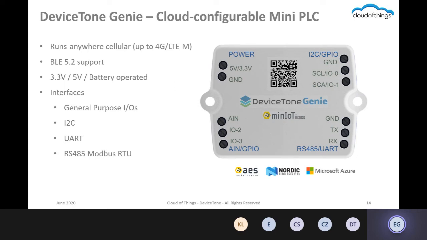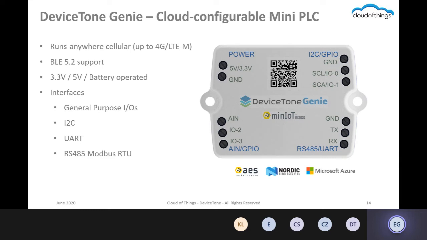So the types of interfaces we have are GPIOs, just IOs, I2C, which is a very common connectivity protocol for different chips and sensors. We have UART, which is actually a serial port. It's a textual input-output protocol used a lot in machines, in devices, in products.